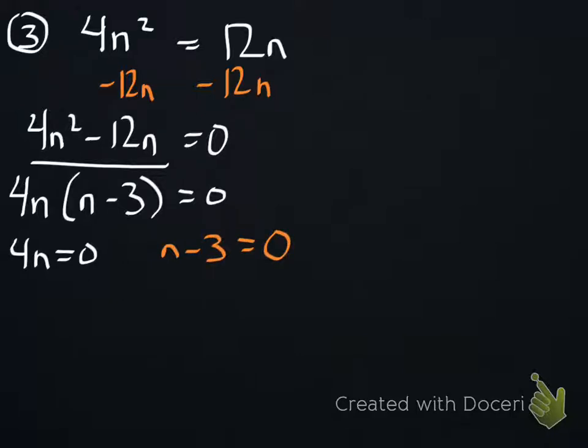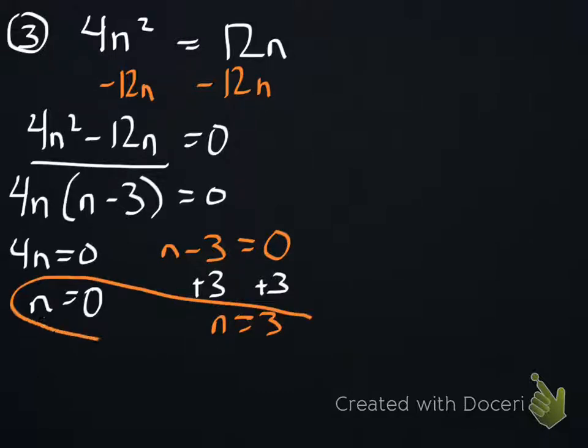And if 4n equals 0, what does that mean n has to be? 0, because if we divide 0 by 4, it's 0. If I add the 3 to both sides, then that leaves me n is equal to 3. So my two answers are these two.